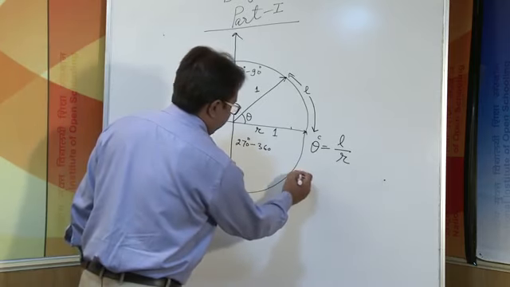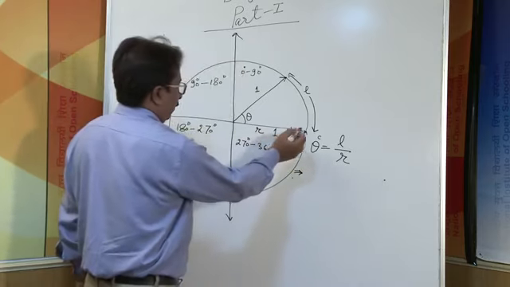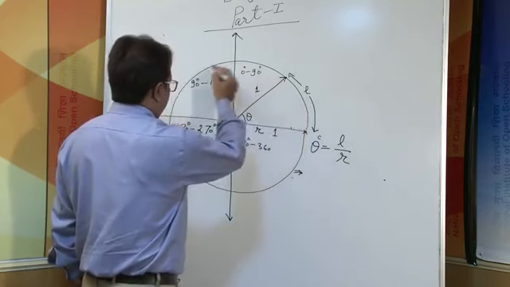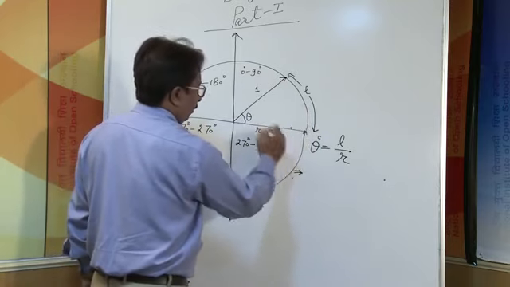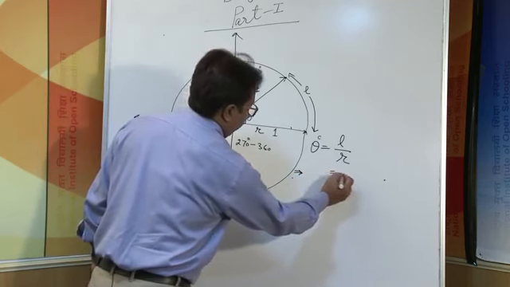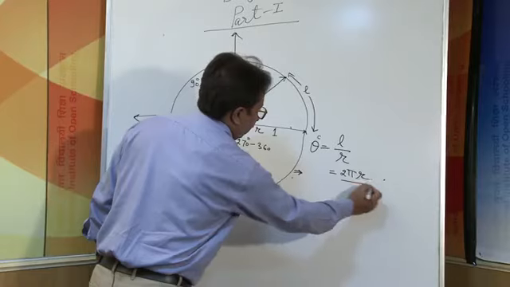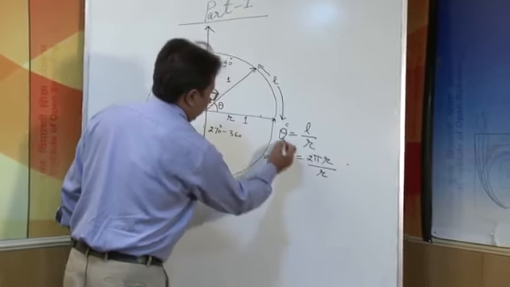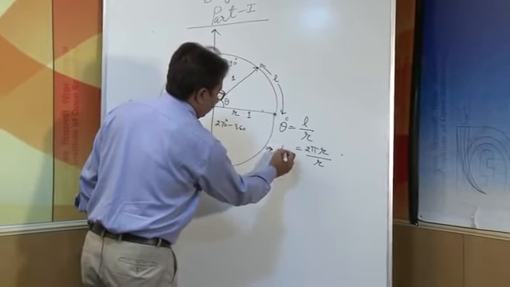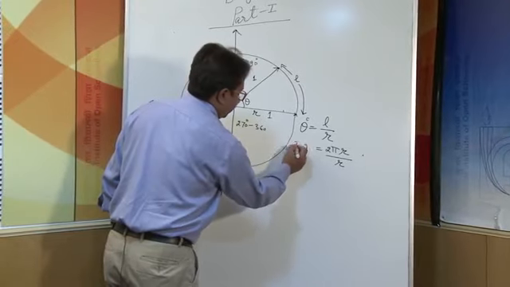Here we can see when we take this arc length for the whole of the circle, then we know the circumference of the circle becomes 2 pi r, radius is r, and this angle is here 360 degree.